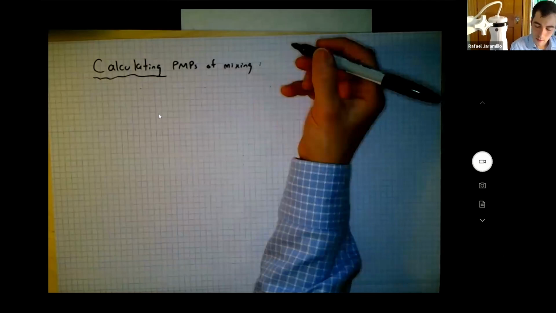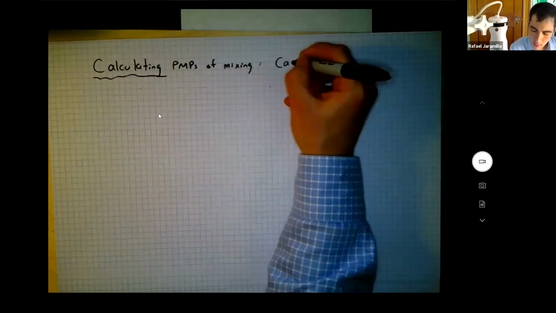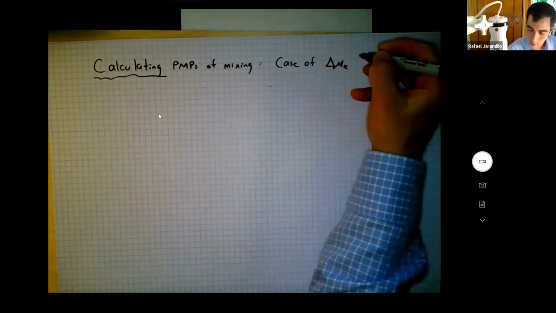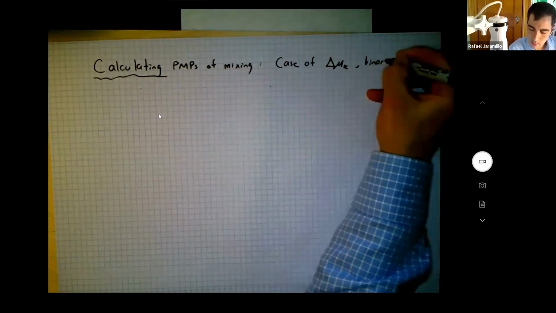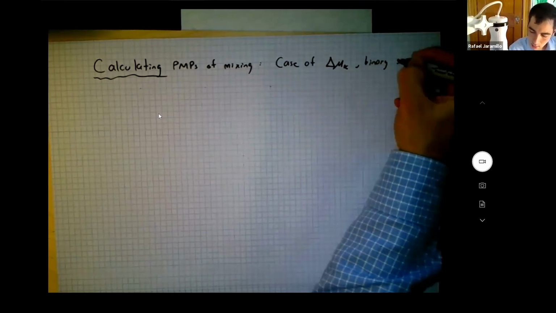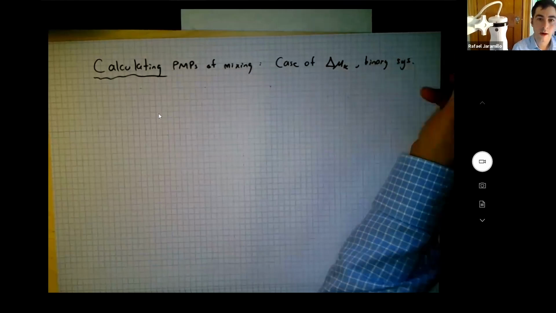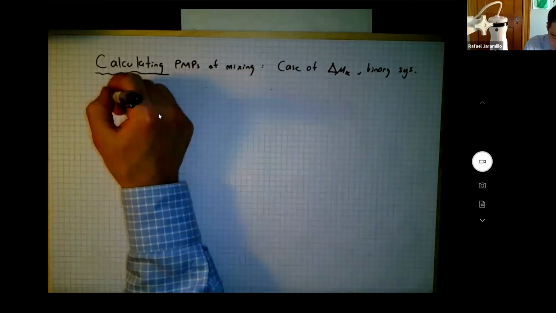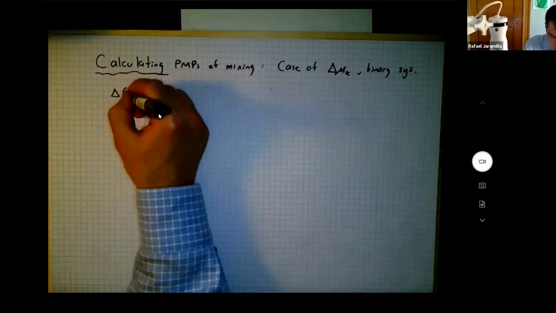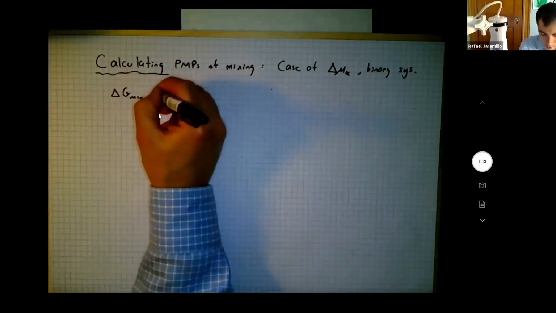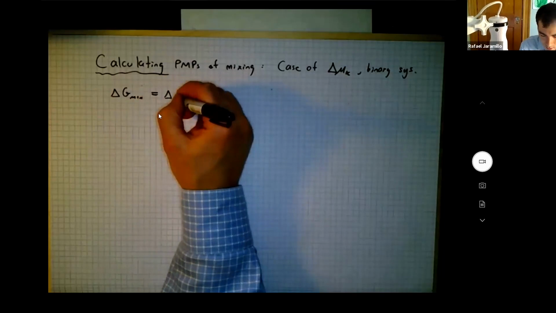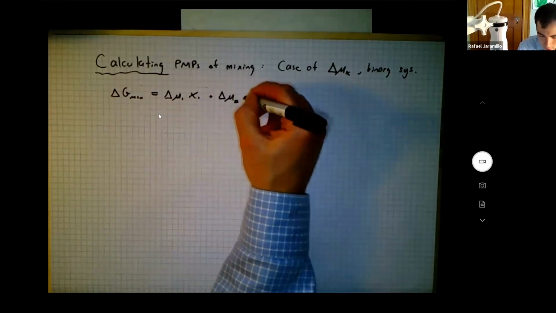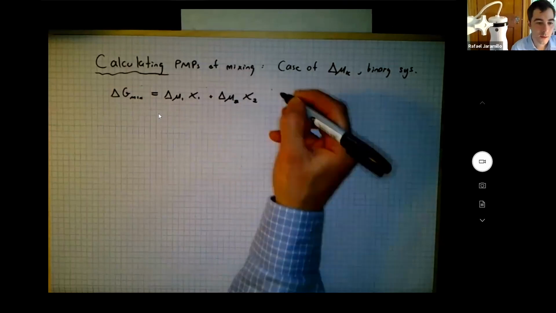So we're going to do the case of chemical potential in a binary system. In a binary system, delta G due to mixing equals delta mu of 1 x1 plus delta mu of 2 x2. And you have 2 components, that's good.